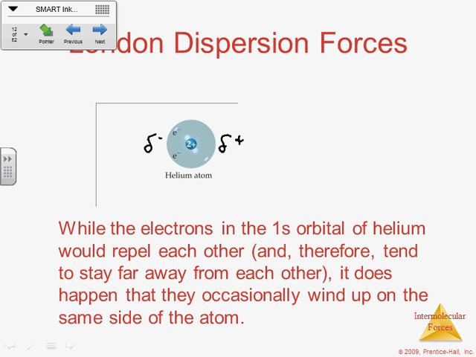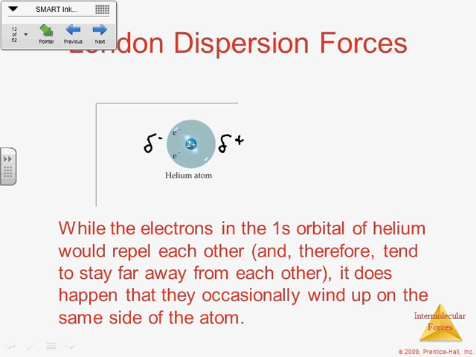Remember, we also called these instantaneous dipoles last year? Do you remember talking about that? Because it's just for an instant that you have a negative and a positive charge, and then it goes away, because the electron goes back where it was before. This happens because the electrons are constantly moving.